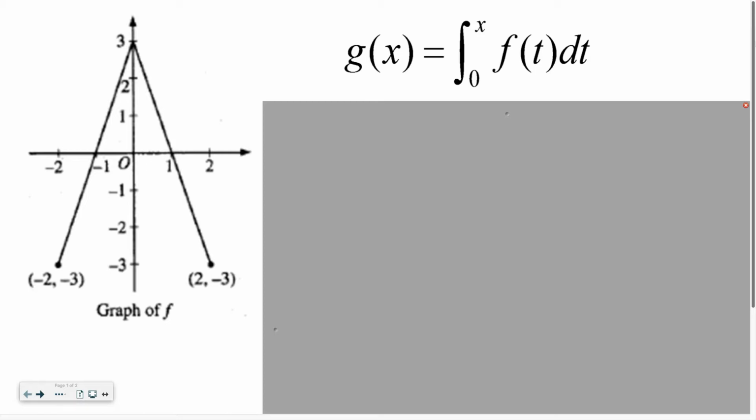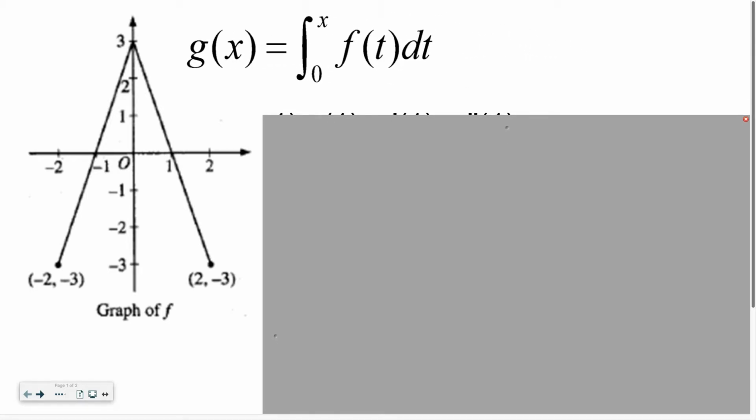So who's the antiderivative? G is the antiderivative of F. Alex, what's the relationship happening here? F is G prime.